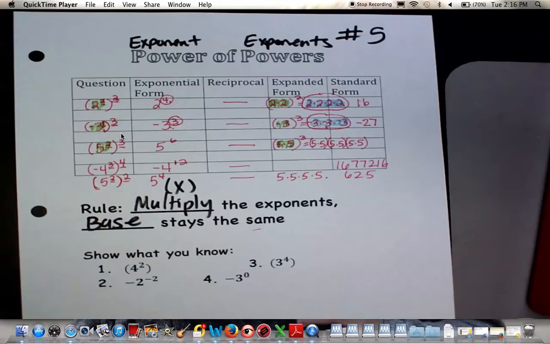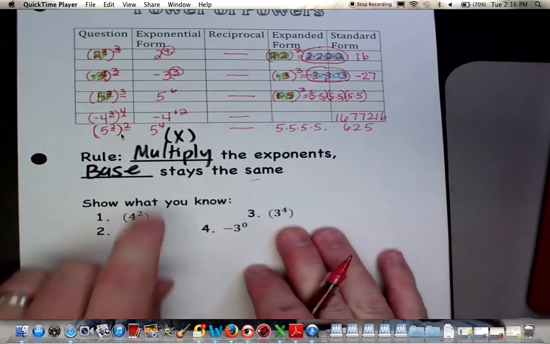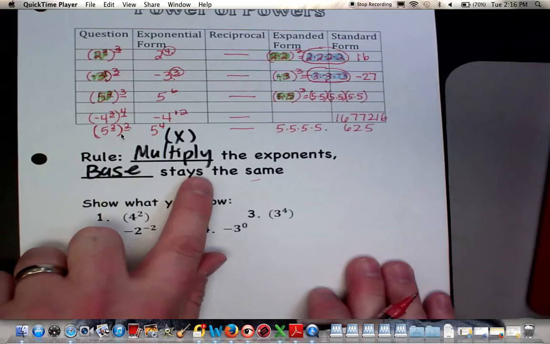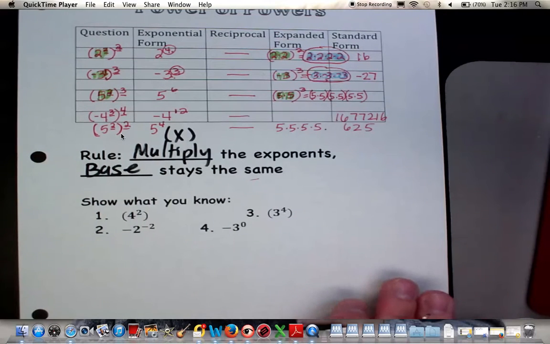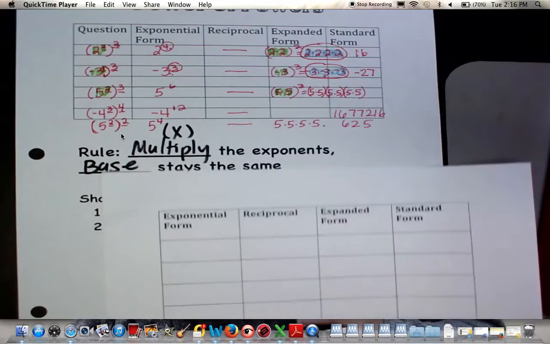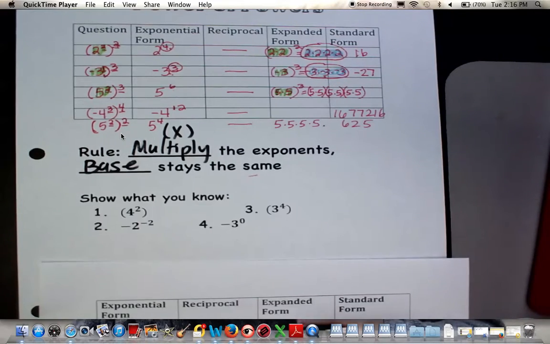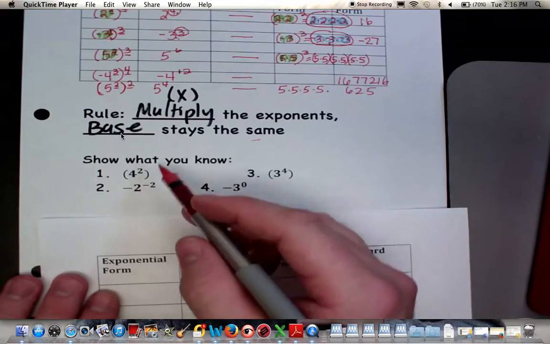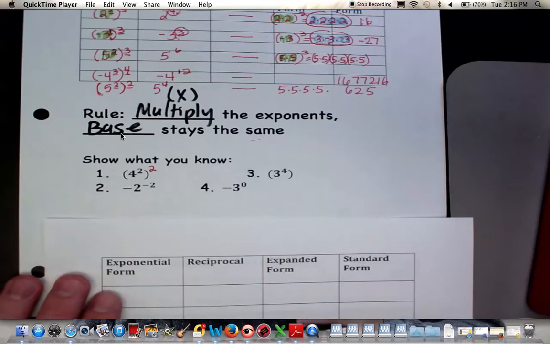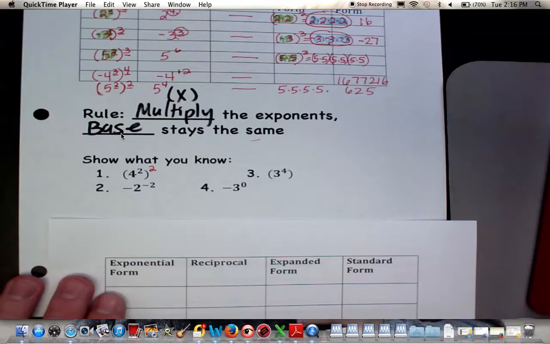Down here at the bottom, I want you to use this rule: multiply the exponents, the bases stay the same. You're going to get one of these papers, your organizer, and I want you to do these problems. This is 4 squared to the 2nd power.